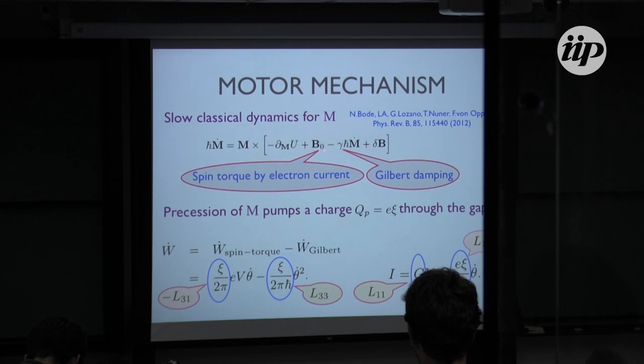The coupling to this current also generates this damping for this classical magnetic moment. So this damping tends to decrease the precessional frequency. And this is a noise term, as in the case of a Langevin equation.